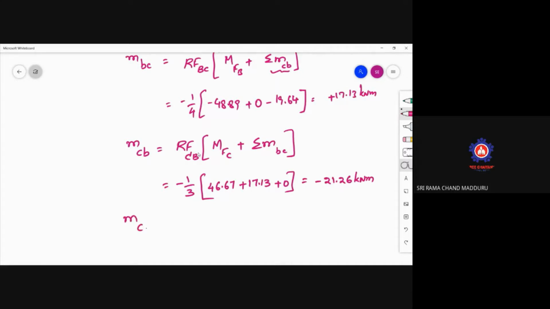Similarly, MCD is equal to RFCD into MFC plus sigma MDC. BC or CD, DC, both are the same here.